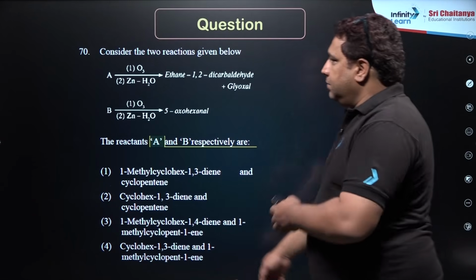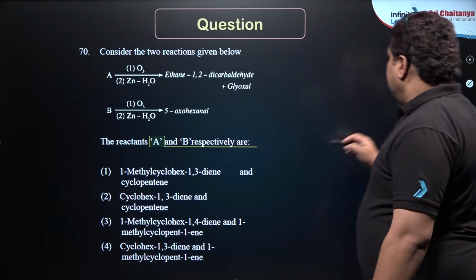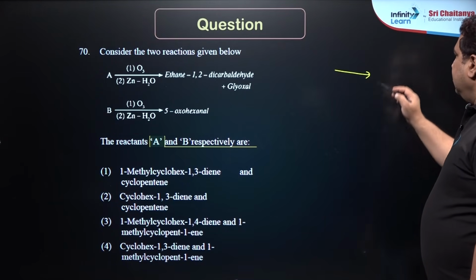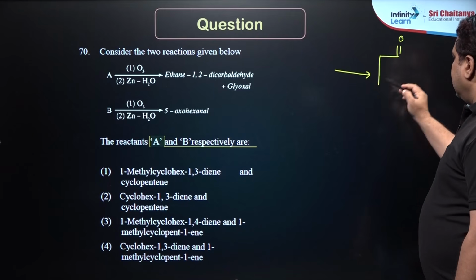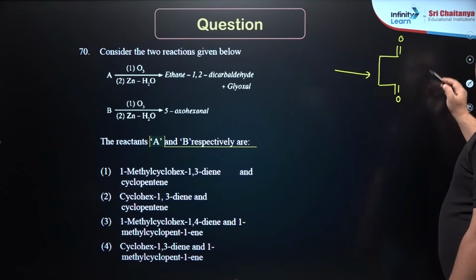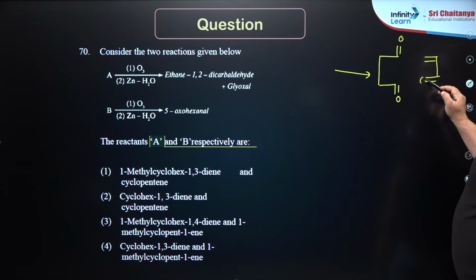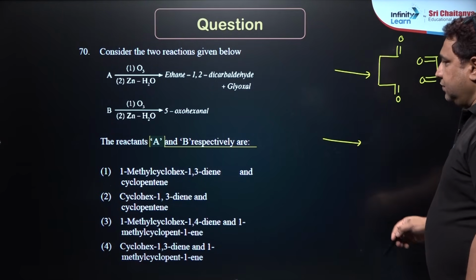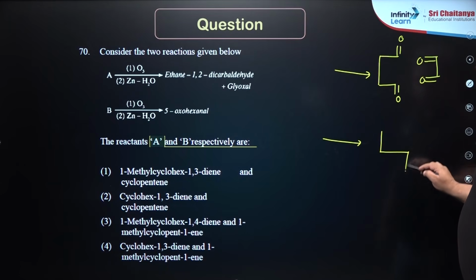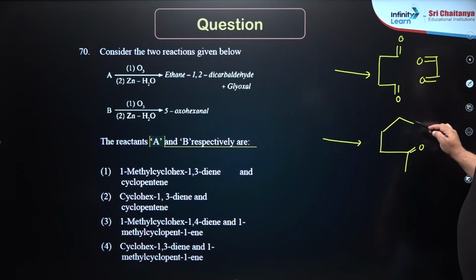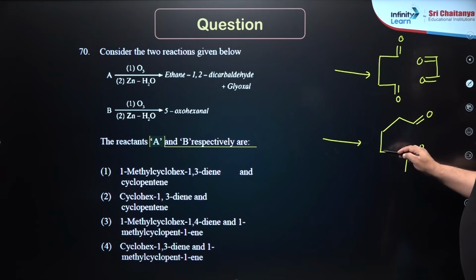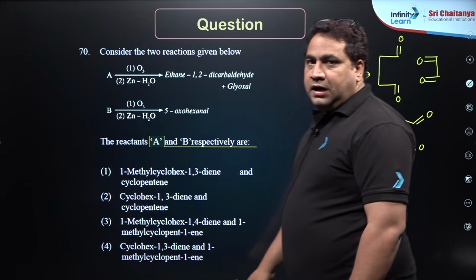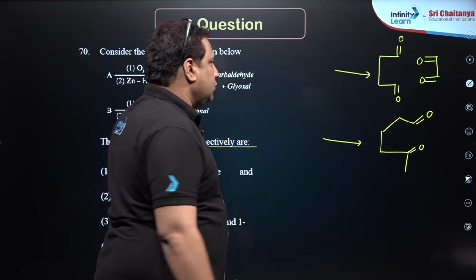Consider two reactions given below. A on ozonolysis will give ethane-1,2-dicarbaldehyde and glycol. Second, B on ozonolysis gives 5-oxohexanal. The reactants A and B are? Now if you go in reverse, remove the oxygens.